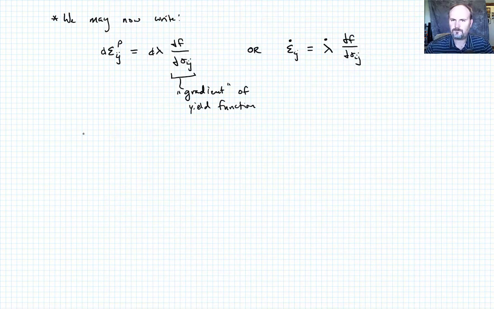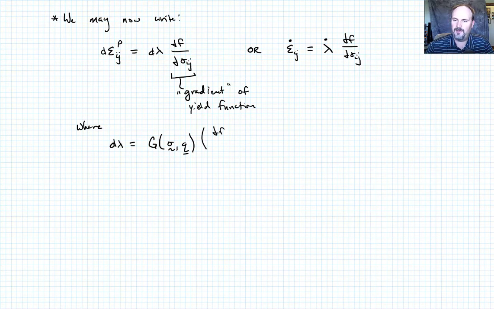We did define the following, where we know what d lambda is from about 4 lectures ago, maybe more. We had written out what the coefficients would be: d lambda is our hardening function g, which is a function of sigma and q, our internal variables, times partial f with respect to sigma ij times d sigma ij.